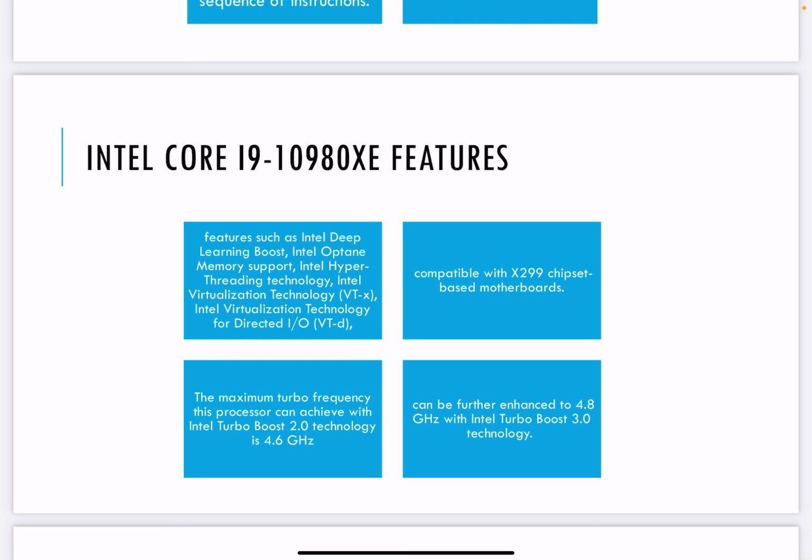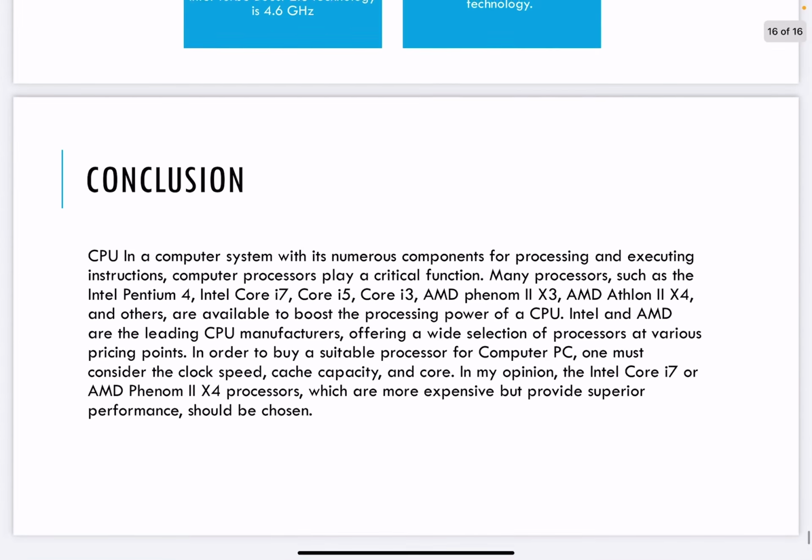It's compatible with X299 chipset based motherboards. The maximum turbo frequency this processor can achieve with Intel Turbo Boost 2.0 technology is 4.6 GHz, which can be further enhanced to 4.8 GHz with Intel Turbo Boost 3.0 technology.